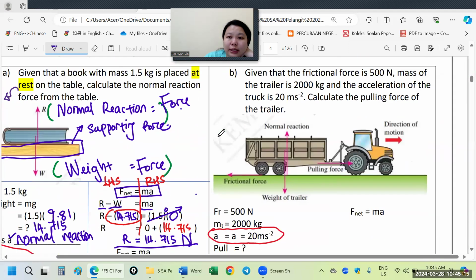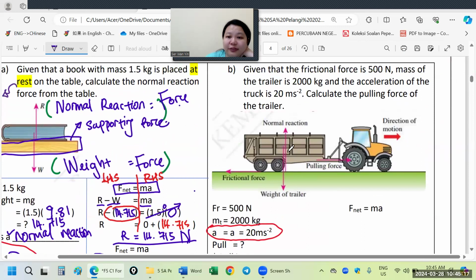Okay, so now this one. Given that the frictional force is 500 Newton, since this is the diagram, we can write our info here. So 500 Newton. Normally frictional force we write Fr. Frictional force means the drag between two solid objects, means between tire and the ground. Then they say the mass of the trailer is 2,000 grams.